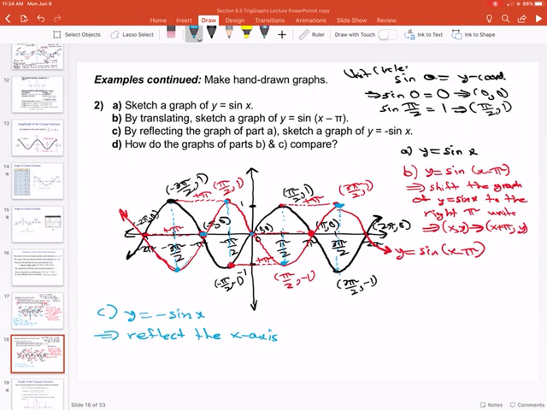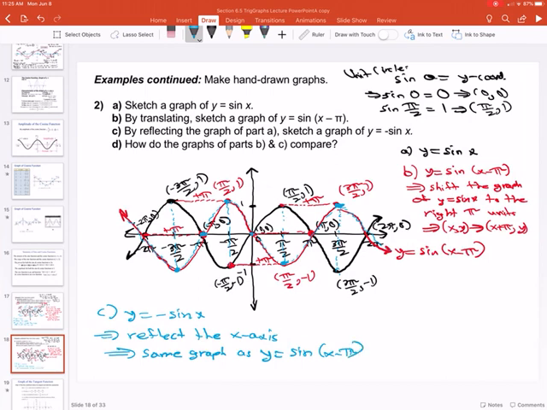So you look, I'm graphing here in blue, what's happening? I'm getting the exact same graph I got with the sine of x minus pi. So that implies it's the same graph as y equal to the sine of x minus pi.